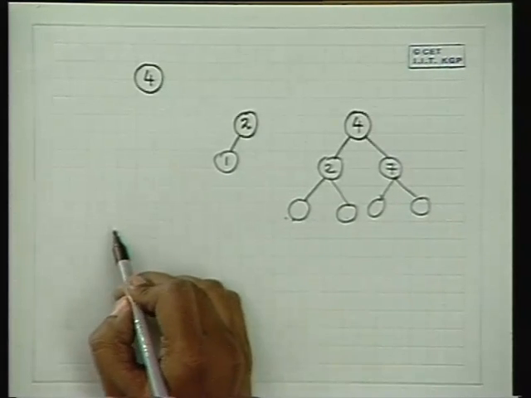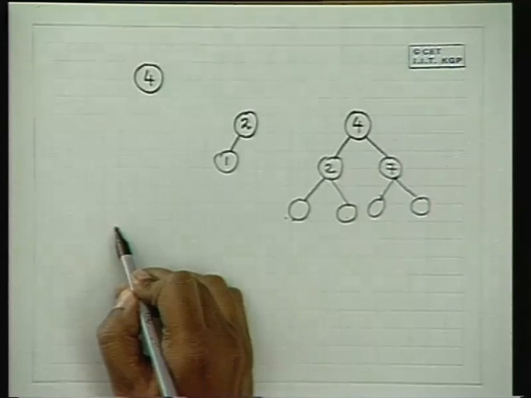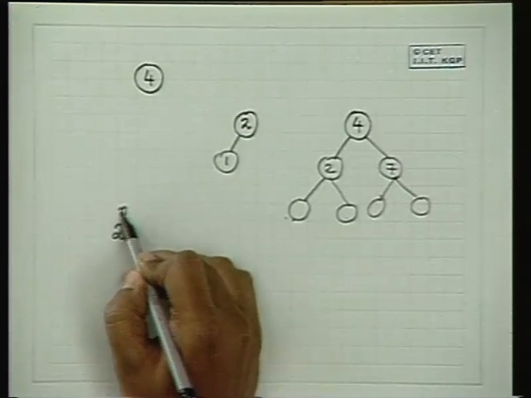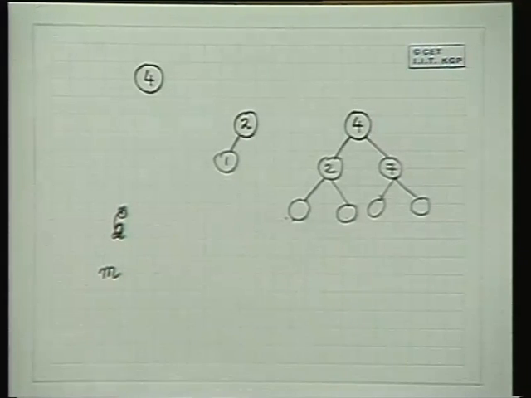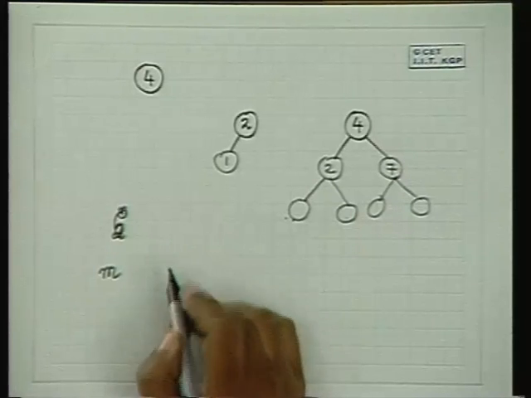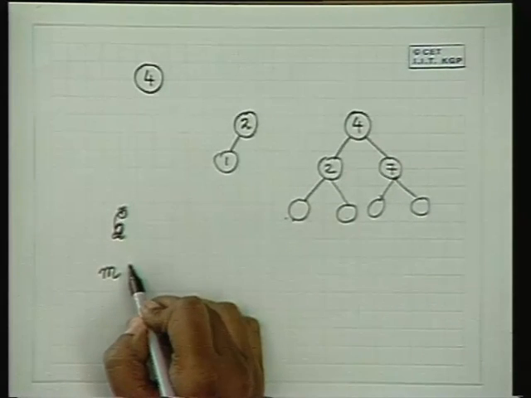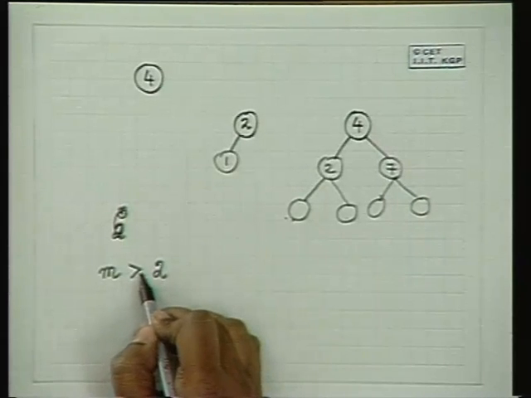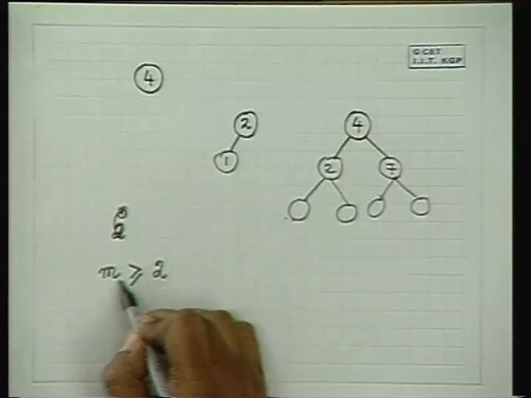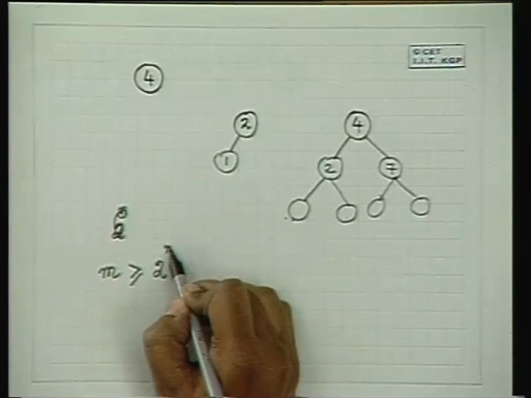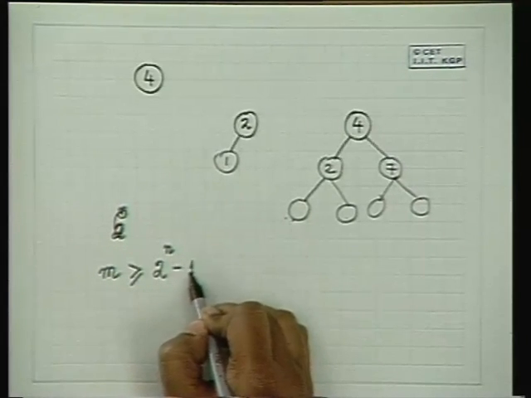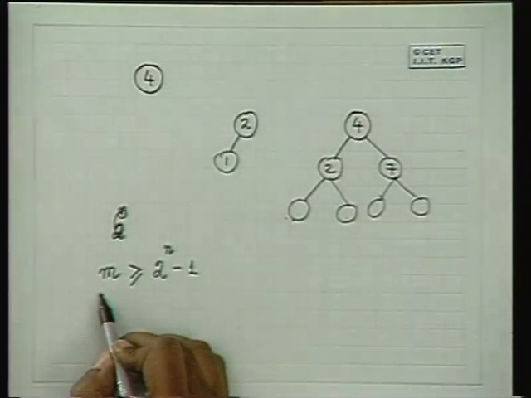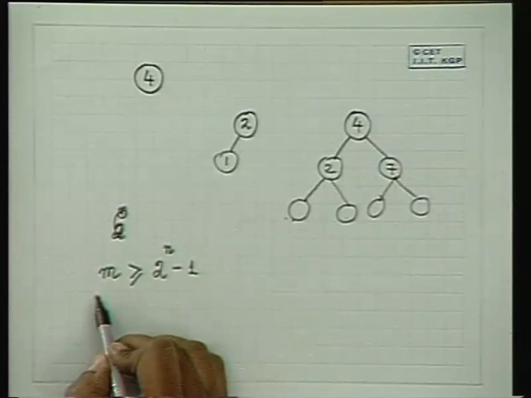The pattern is that the best case is for up to 2 to the power n minus 1. Suppose you have got m nodes, take the largest n such that m is greater than or equal to 2 to the power n minus 1. This is going to be the best possible that you are going to get, isn't it?